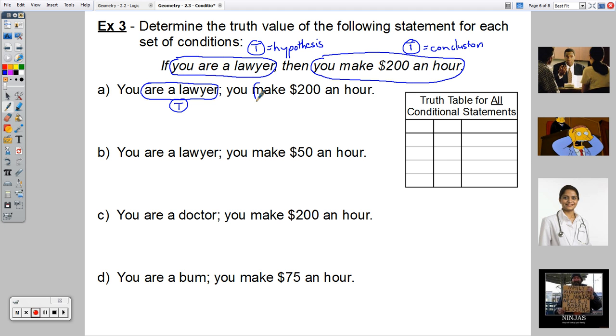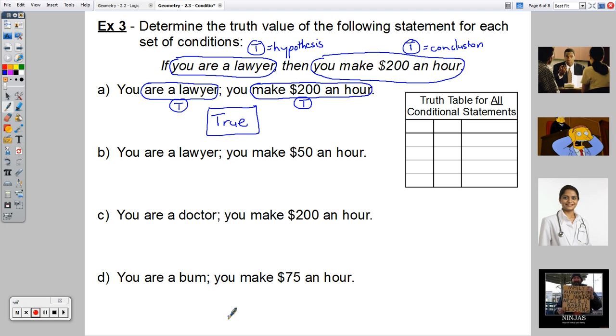And then I have you make $200 an hour. And that was the same conclusion I had up here. So this one should make sense, that would in fact be a true statement. If we can assume the initial statement up here was true, this would be a true statement. If you are a lawyer, then you make $200 an hour. Satisfies the conditions I see up here.